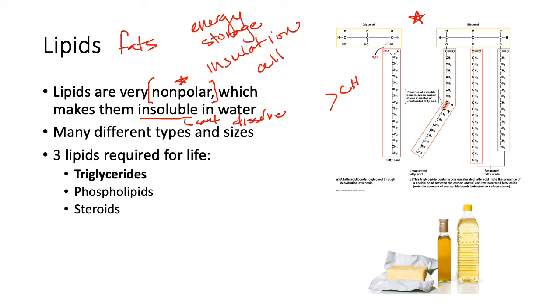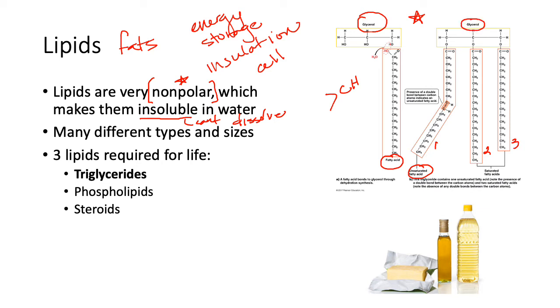The triglycerides, shown here on the figure to the right, get their name because they have a molecule called glycerol, and attached to that glycerol are fatty acids. There are 3 of those fatty acids. The tri is telling you that there are 3 fatty acids, 1, 2, and 3, attached to a glycerol molecule.